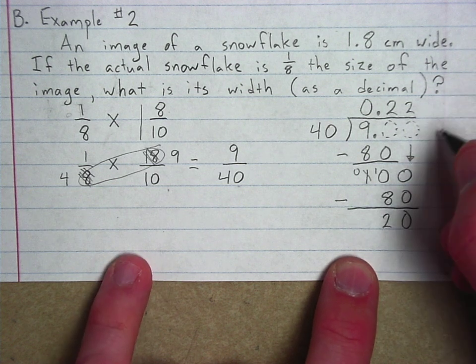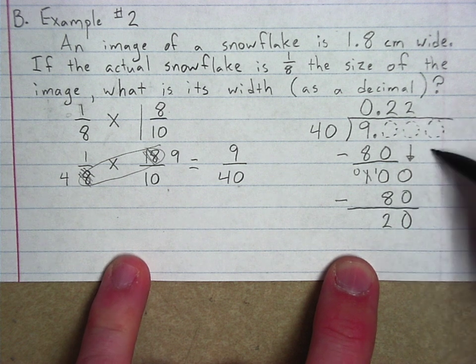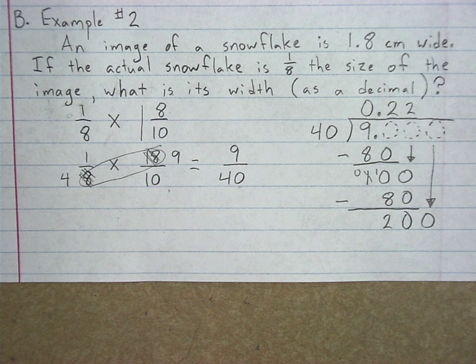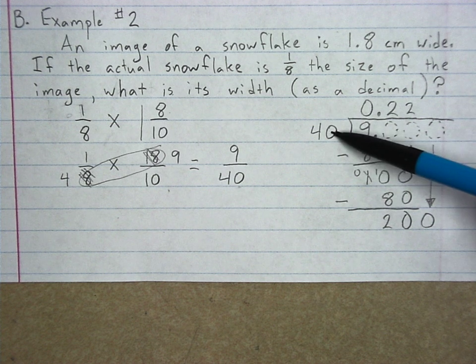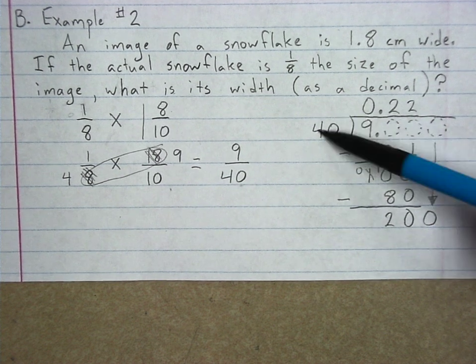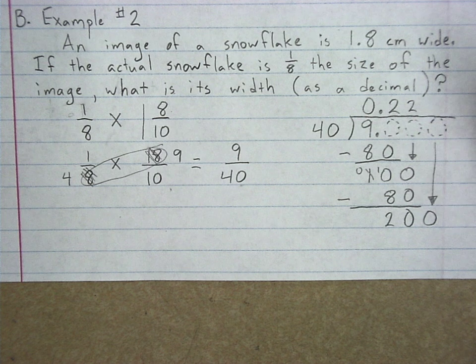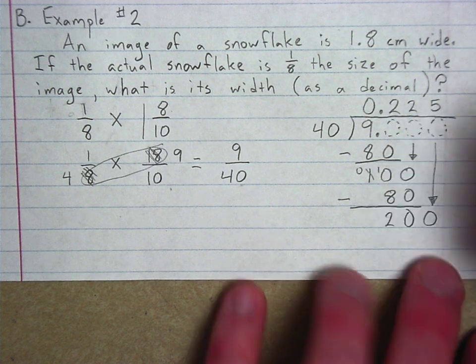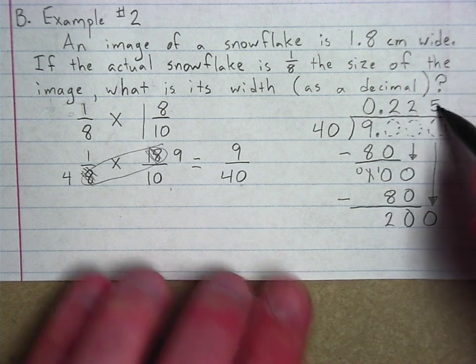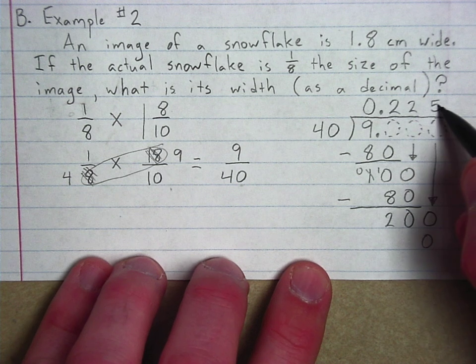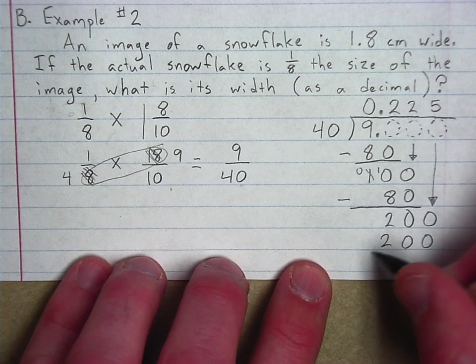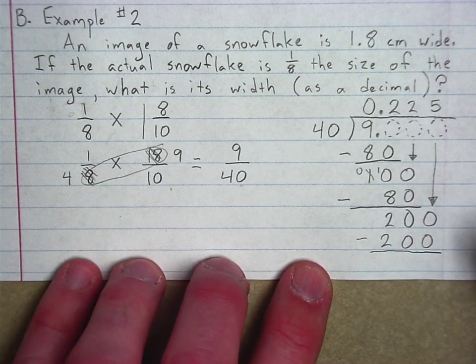Well, I'm out of space after this, and I'm in my third place value, so it better be into 200. Now 40 into 200, I look at that and I think, sure would be nice if I could ignore that 0 and that 0, then it would be 4 into 20, and I know 4 goes into 20 5 times. Well, 5 times 0 is 0. 5 times 4 is 20. What do you know?